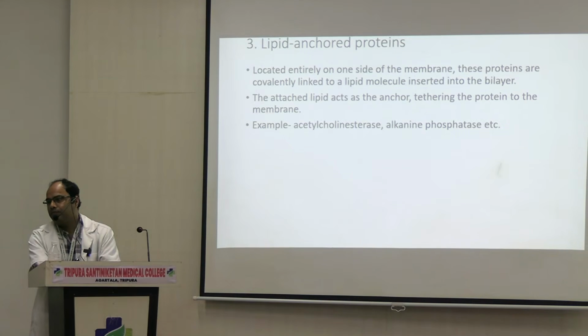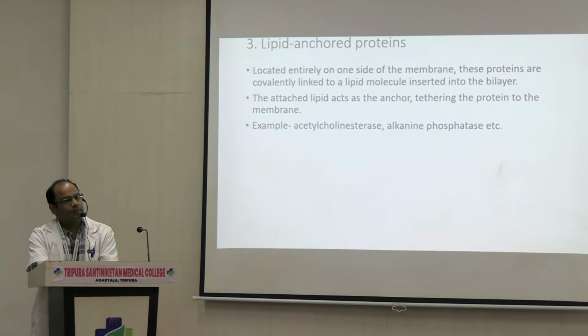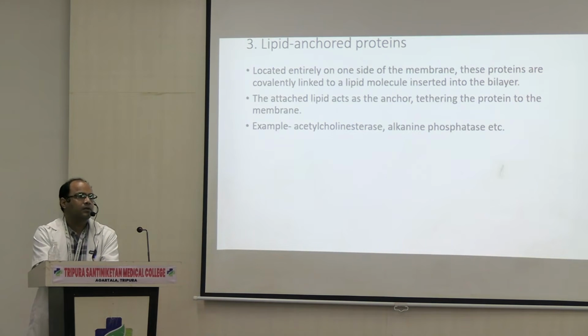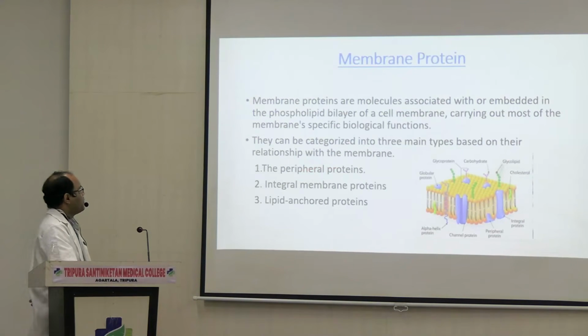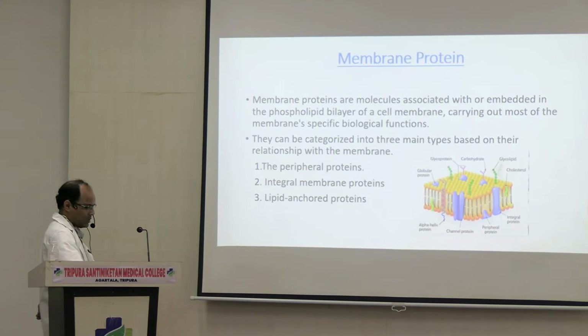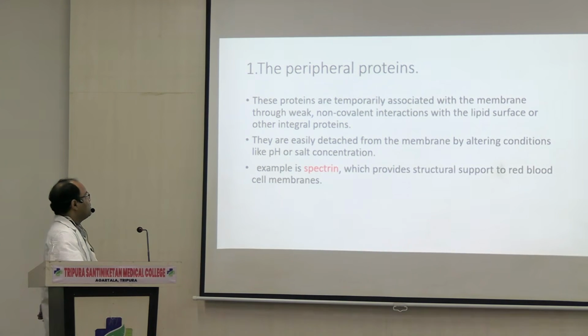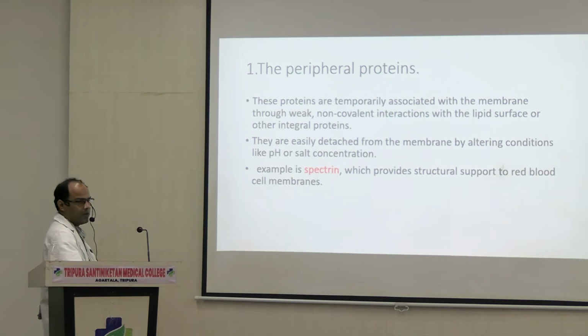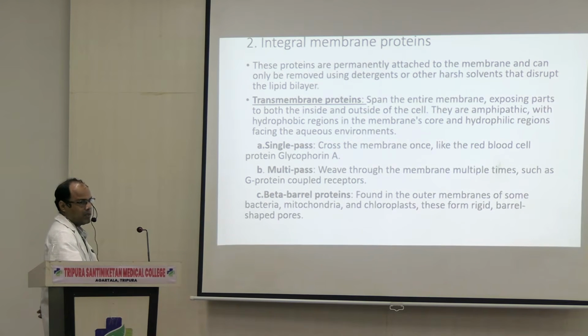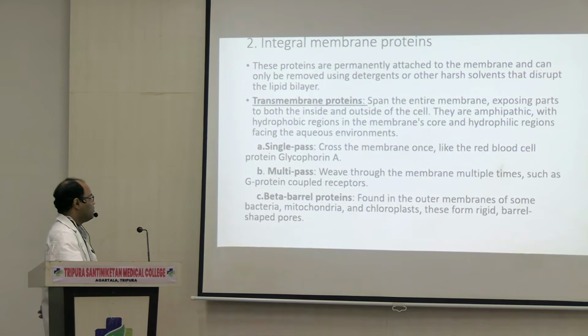So you may find in the exam a short question about transmembrane protein. You have to write all the things. Again, membrane proteins are of three types: peripheral proteins, integral membrane proteins, and lipid anchor proteins. Example of peripheral proteins: spectrin, present in RBC. Integral membrane proteins are of three types: single pass, multi-pass, or beta barrel proteins.